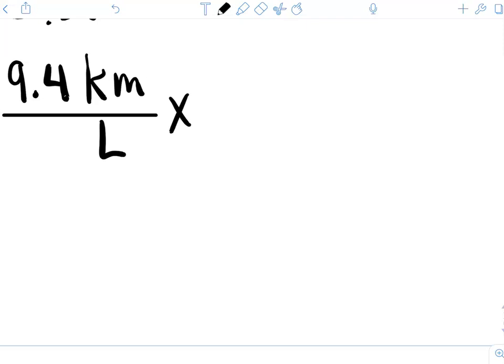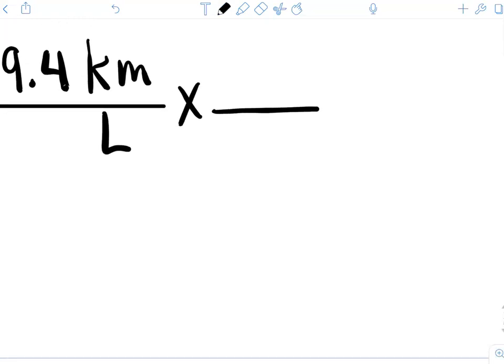Meaning that if I wanted to cancel out kilometers right here, I would have to have kilometers in the denominator. But if I wanted to cancel out liters, since liters is already in the denominator, liter would have to be in the numerator. That's important, because if I start with kilometer as unit on the top, kilometer has to be the unit on the bottom.